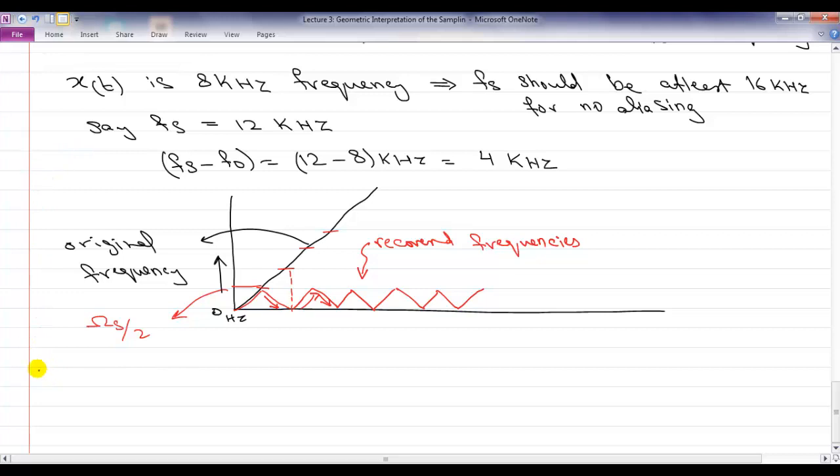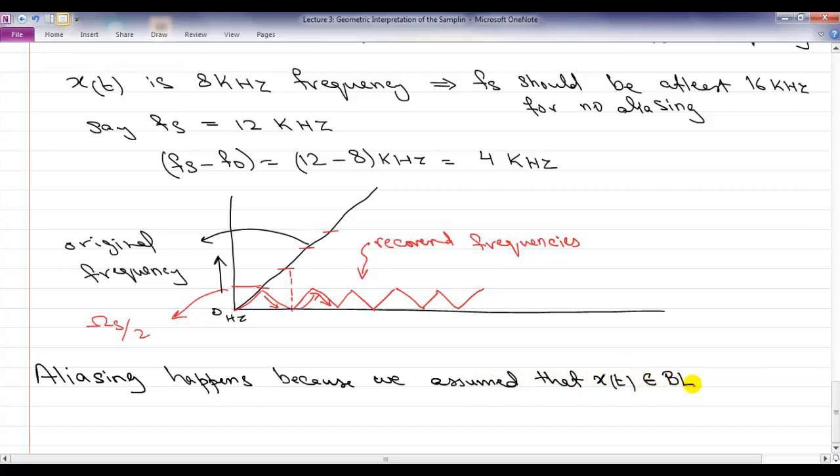So the cause of aliasing is very simple. Aliasing happens because we assumed that x of t belongs to the space of band limited signals, which is band limited up to omega n hertz. But we input a signal x of t that actually does not belong to the class of band limited signals.